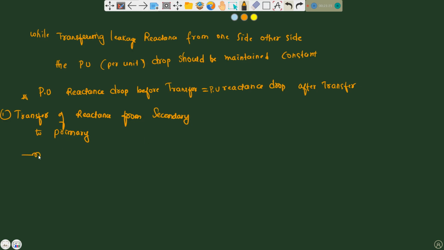So here x1 will be as it is, and we are referring the secondary towards primary, so it will be x2 dash. Here this is the primary winding and this is the secondary winding. This will be the equivalent circuit with respect to primary side. Here the current will be I1, correct?